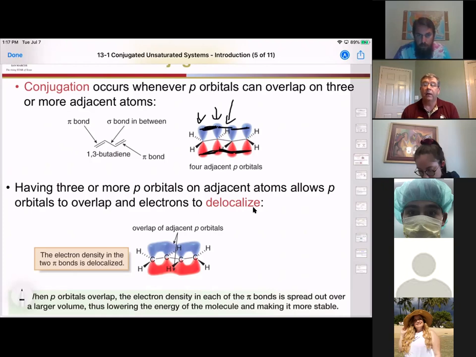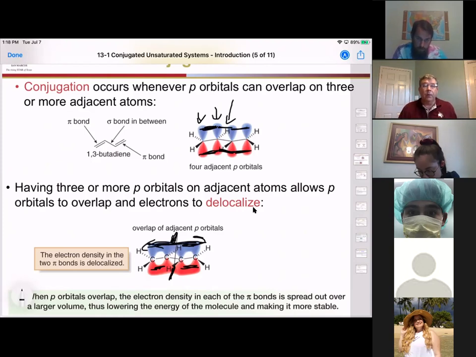Now, are they sharing 100% of electron density there? No, they're not. But because we have the possibility of sharing a little bit of electron density across this pi bond and now across this pi bond, we get what is called delocalizing the electrons. We can actually move electrons from one side of this to the other because they are overlapping their p orbitals.